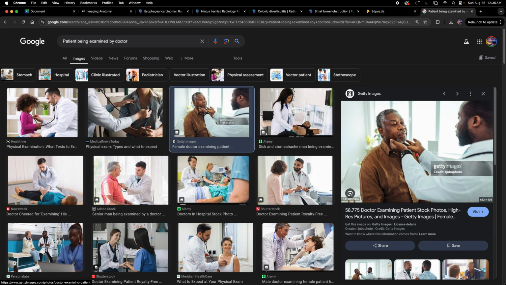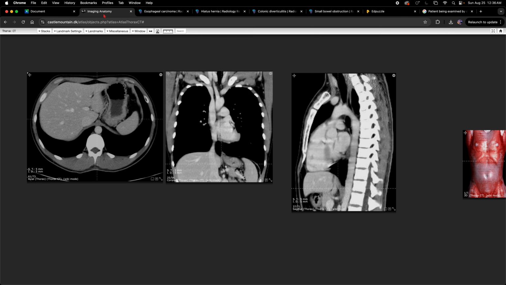So the patient's right side is now on the doctor's left side, vice versa. So it's flipped. So we've kept the imaging convention the same as if you were physically being examined by a doctor. So now when you're viewing the image, the patient's right side is on the left side of the screen.